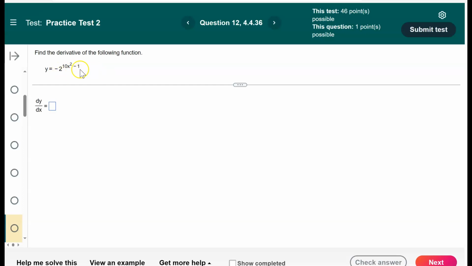Next, let's find the derivative of the given expression here. So notice that this is also an exponential function, but in this case, the base is no longer e. So we have a special formula for the derivative of a to the u, where the base is no longer e.